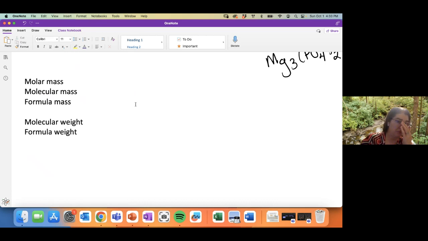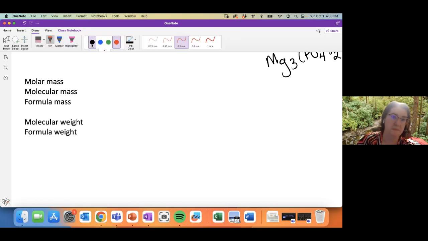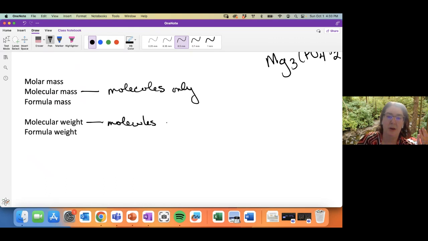So essentially, molecular mass and molecular weight should always be used with molecules, theoretically. Molecules are the things that have covalent bonds.